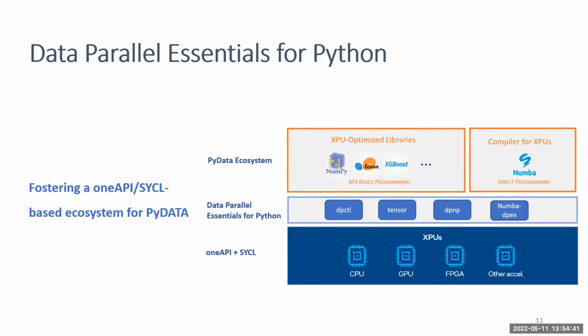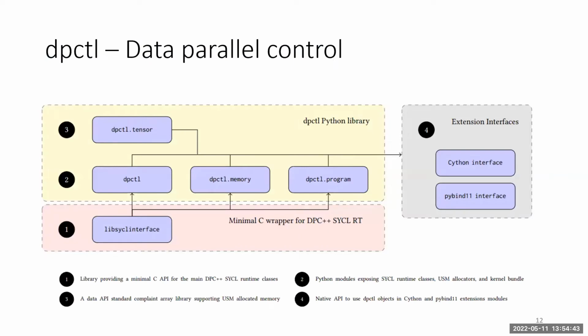That's the basics of Data Parallel Essentials for Python, and also Data Parallel Control. We already talked about this, but in a nutshell, it provides a lightweight Python wrapper over a subset of Khronos SYCL APIs. So you can access the devices, get the device information, connect to a device, create a queue and submit a job using the DPCTL layer.